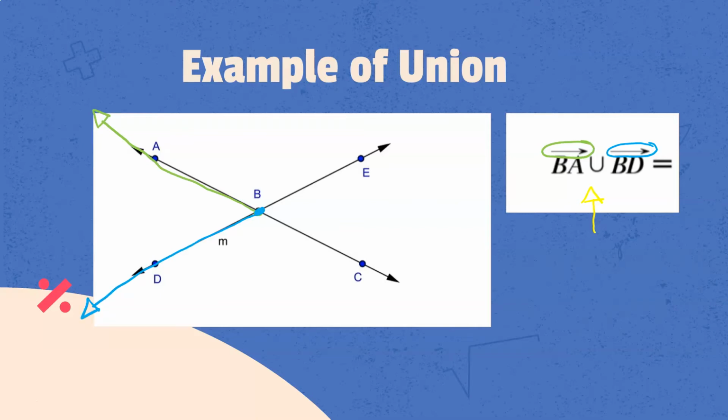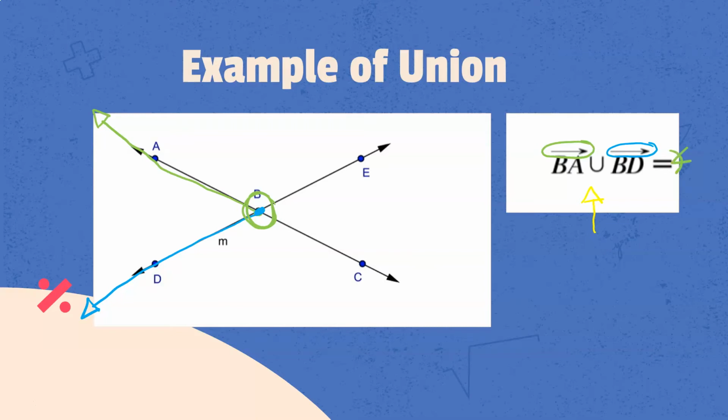Now we look at this and say, okay, here we have two rays, but they also share an endpoint. So we know that this is an angle, because an angle is formed when two rays share a common point. So here the answer will be an angle.